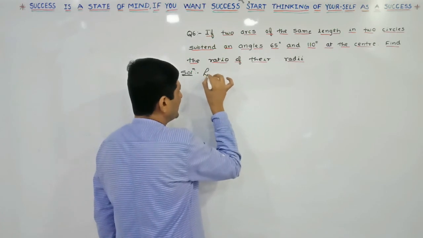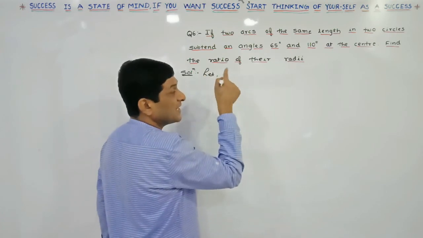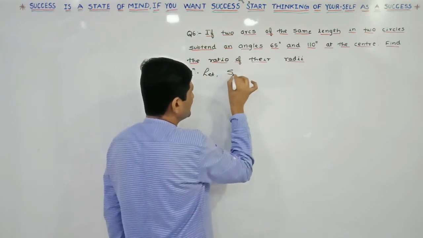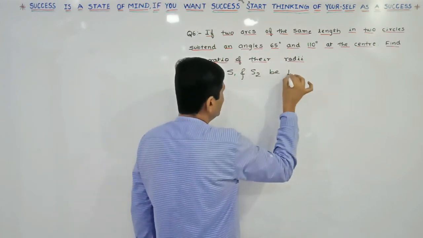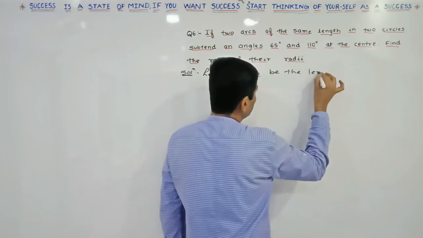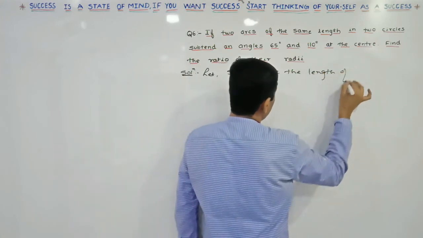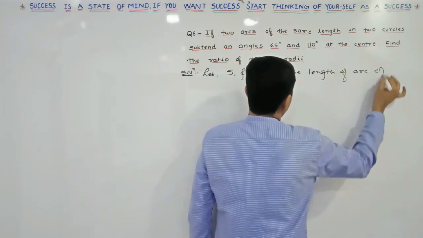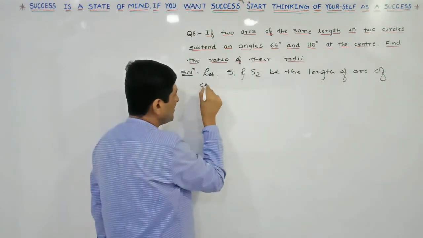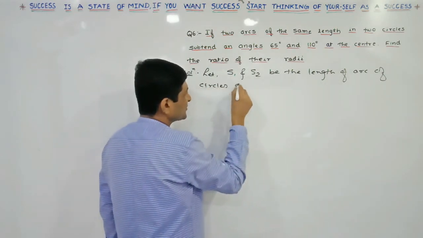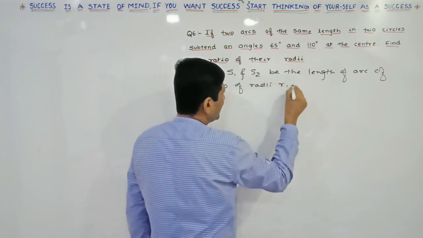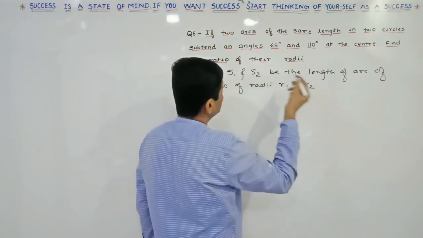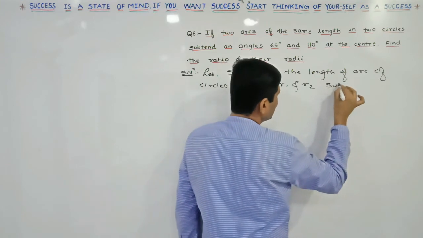So what is our example related with? Length of arc. So we are supposing that S1 and S2 be the lengths of arcs of circles of radii R1 and R2 subtending angles theta1 and theta2.